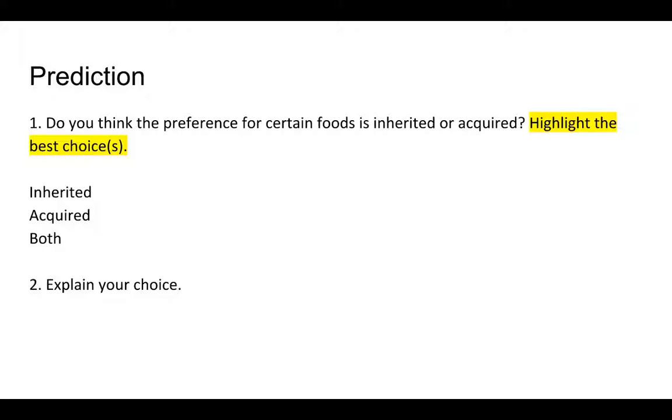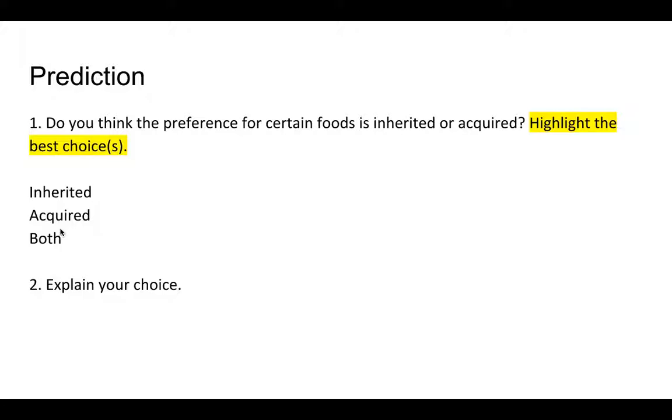Then just highlight the best choice, whatever you think. Remember that inherited means that you have that trait, that you like certain foods, from your parents. So if your parents like the same foods as you, you could come to that conclusion. If you have noticed that you like different foods than your parents, then you might conclude that your preference for certain foods is acquired.